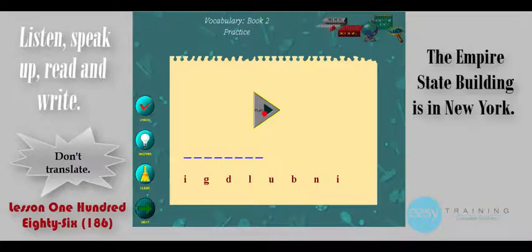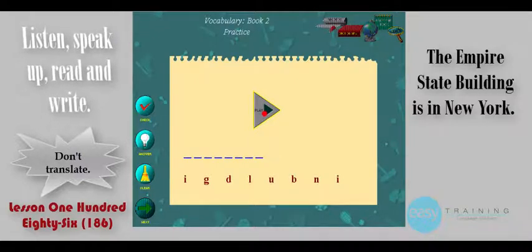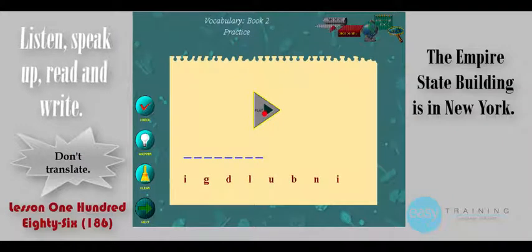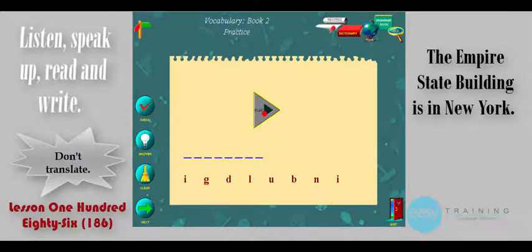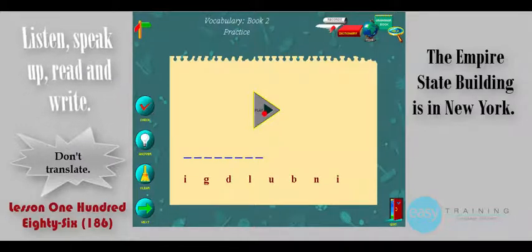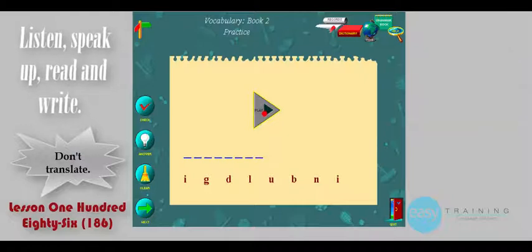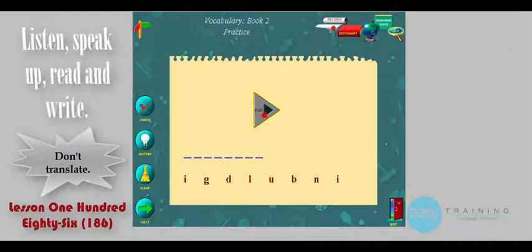Building. The Empire State Building is in New York. Building. This person says that the Empire State Building is in New York. How do you spell building?